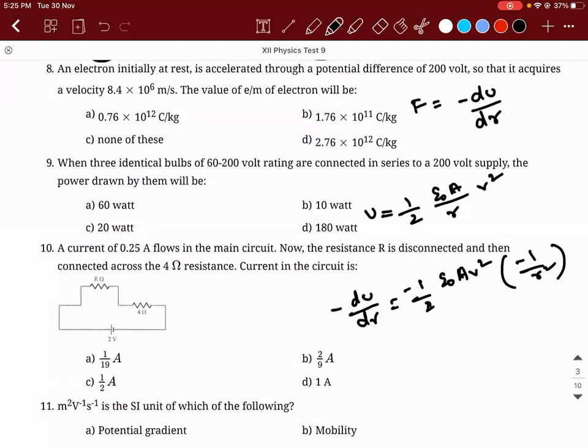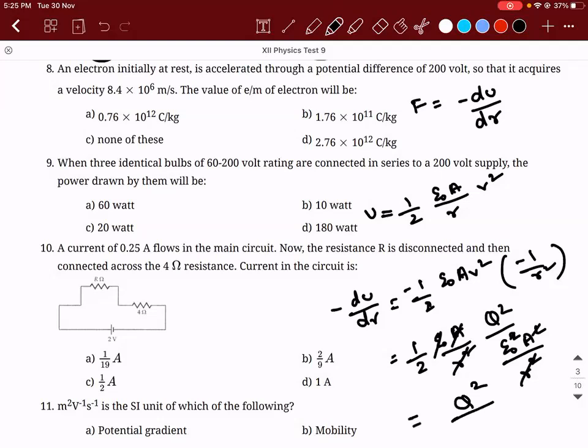So minus of minus half epsilon naught A divided by R square into V, which I can write as Q by C, so Q square divided by C square. C is epsilon naught A divided by R, so Q square divided by C square is Q square R square divided by epsilon naught square A square. So R square gone, one epsilon naught gone, one A is gone. You'll get Q square divided by 2 times epsilon naught A.